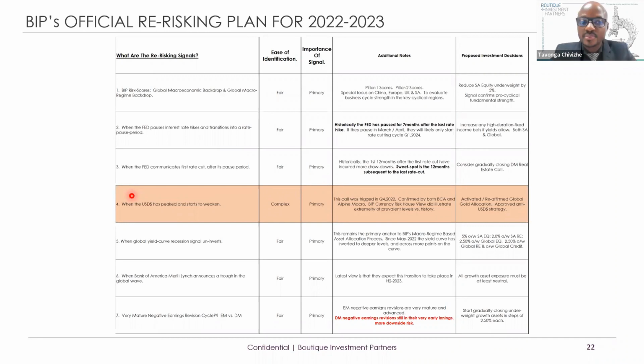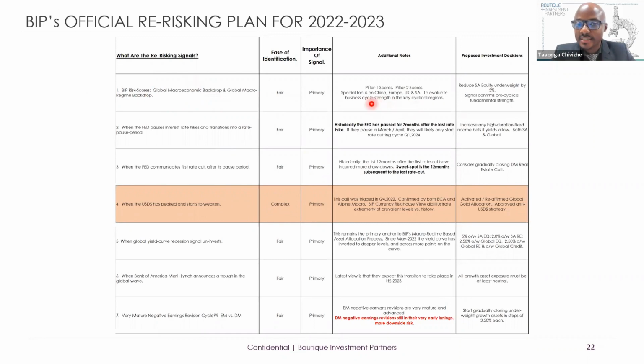And I think one of the things we pretty much looked at was to say, if China was going to surprise us and go out of our lockdown with all of the dry powder they have from a savings, they were going to affect our cyclical areas like Europe, UK, and South Africa quite constructively. So we pretty much put a re-risking plan to say, let us have a look at how the global macroeconomic picture and the business cycle picture is going to play out for these main cyclical regions.